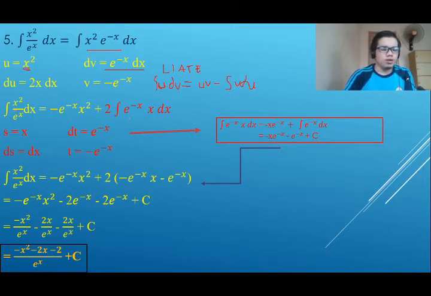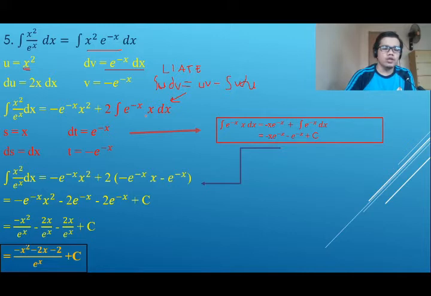Okay, now to follow this formula, this is what will happen in the next line. The integral of x squared over e to the x dx, which is u dv, is now equal to uv, wherein it is negative x squared e to the negative x, or negative e to the negative x times x squared. This is uv plus the integral of v du, which is 2 times negative e to the negative x times x dx.